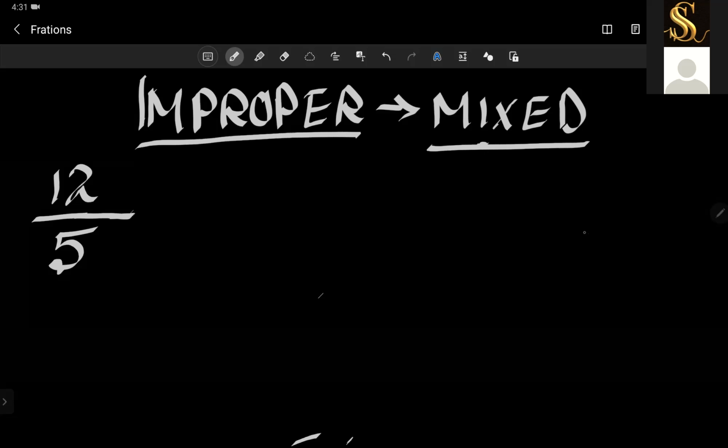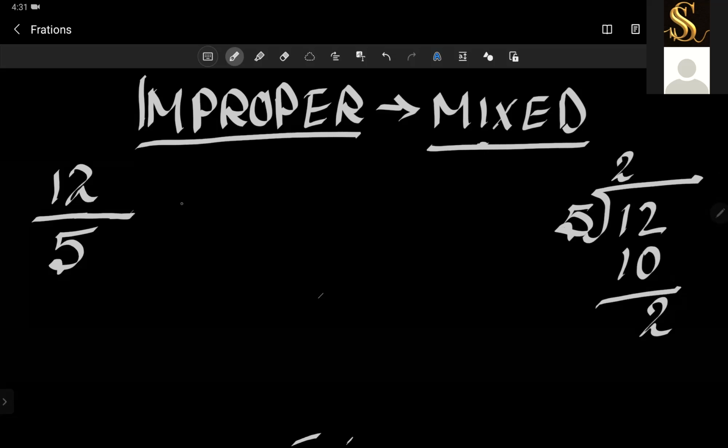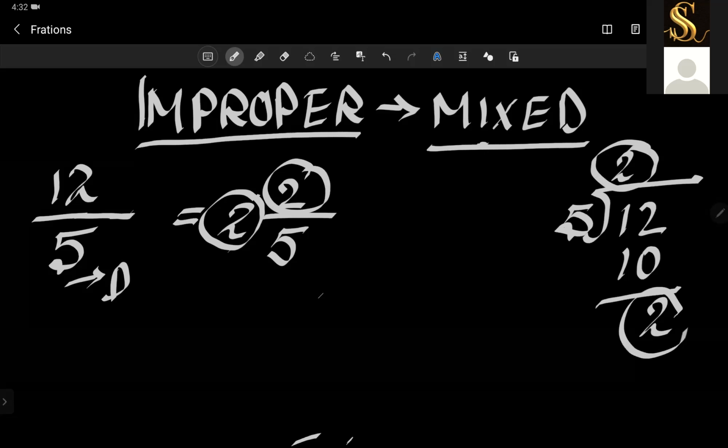So let me divide it here. So here we have 12 divided by 5. So now 5 2s are 10. So we'll write 2 here and 10 here, which gives us the remainder of 2. So do not divide further as that will give us decimals. So here our answer will be equal to 2, 2 upon 5. Remember, the denominator never changes. And this here is the quotient. And this here is the remainder.